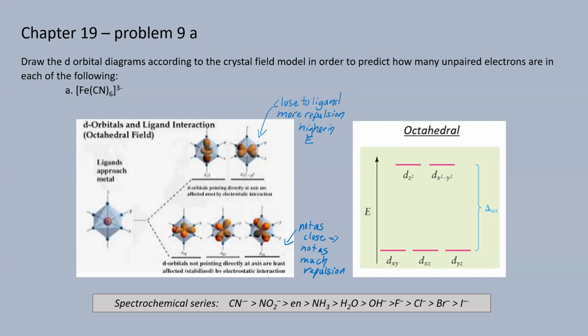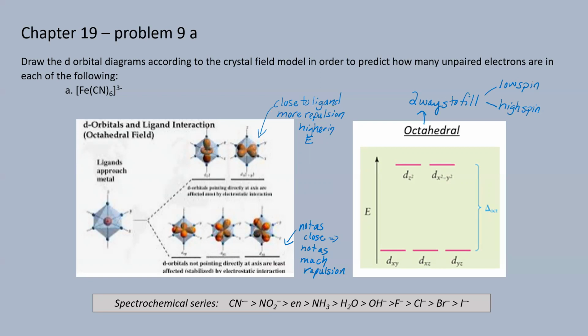Now, for octahedral, there's two ways to fill. There's low spin and high spin. The spin is going to be dependent upon the type of ligand that is on our transition metal. If we look at the formula for A, it's cyanide.